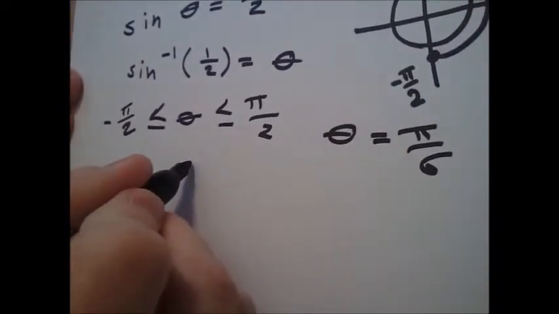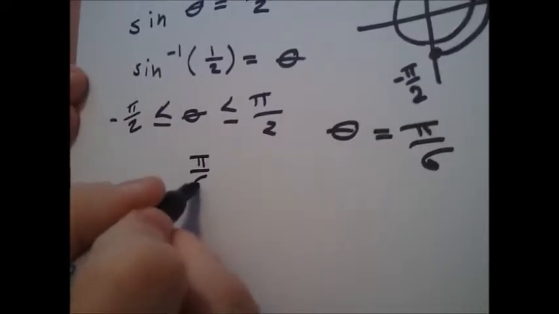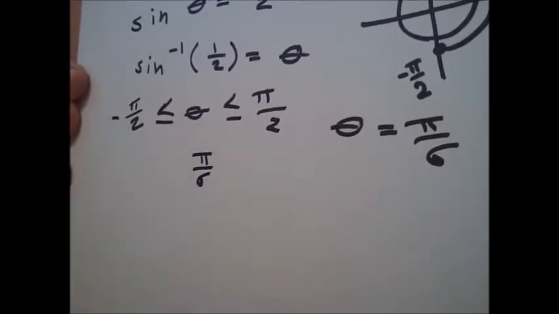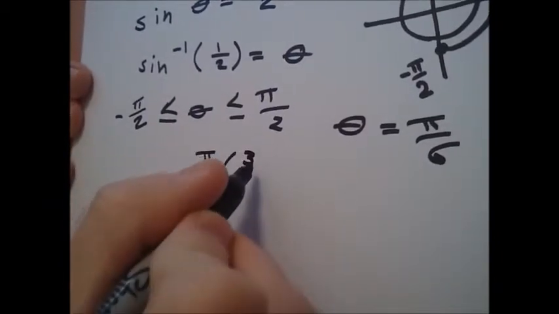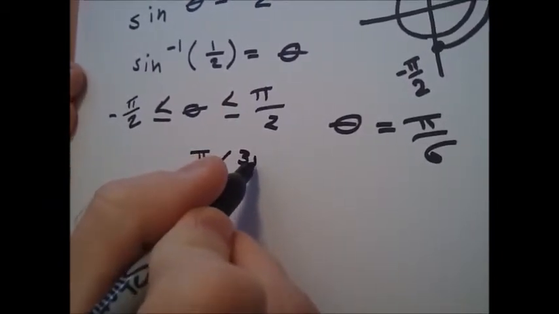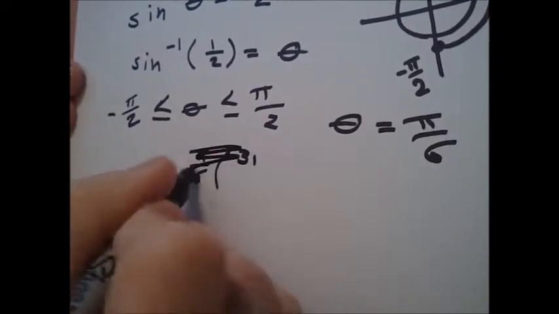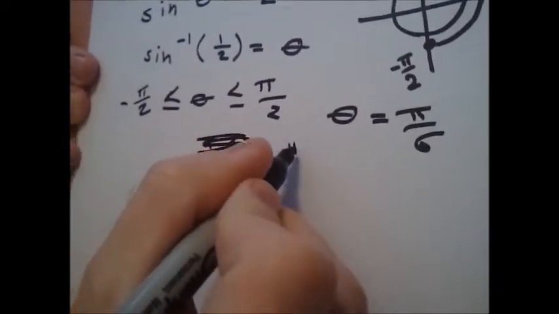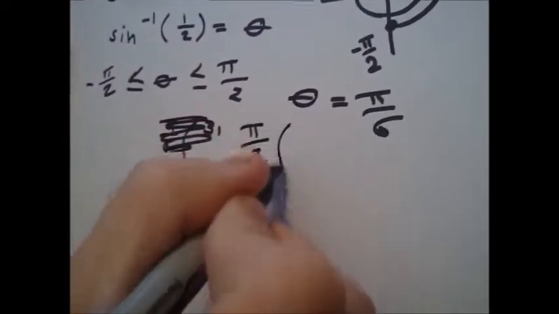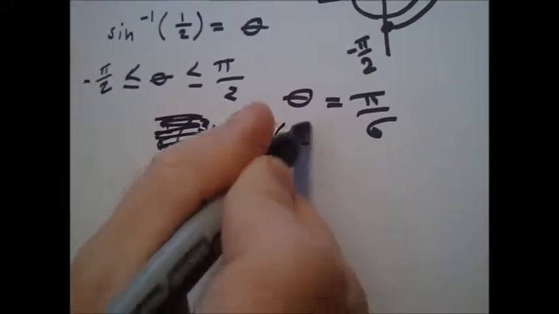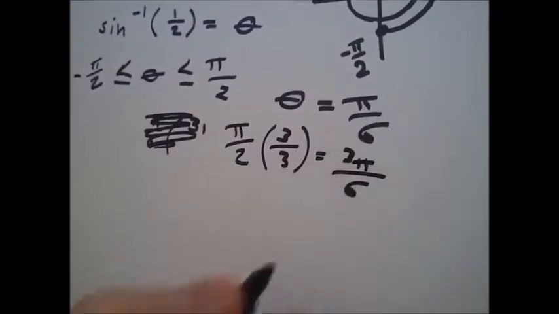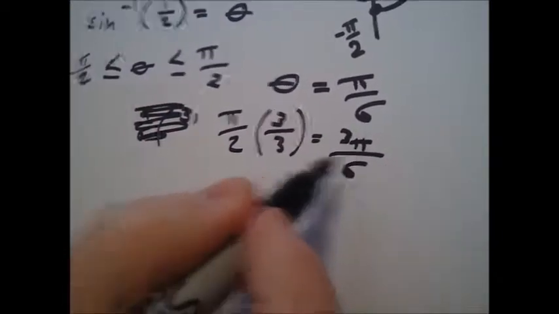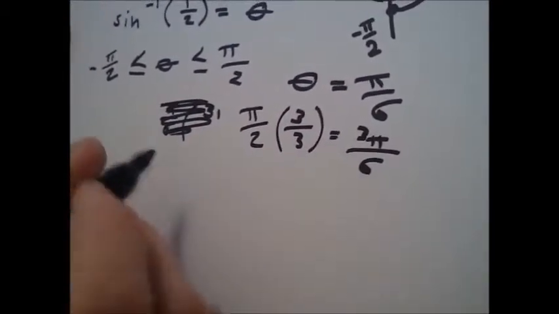If we want to double check just in case, we're going to have to multiply pi over 2 times 3 over 3 just to get it something comparable. This is going to become 3 pi over 6. All I'm doing right now is checking to make sure that pi over 2 is definitely bigger than pi over 6.